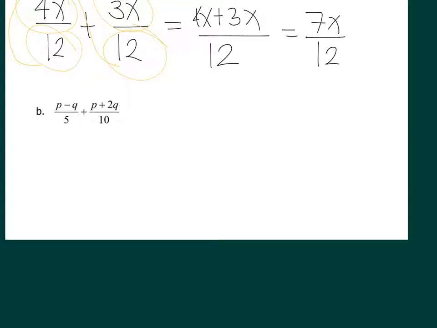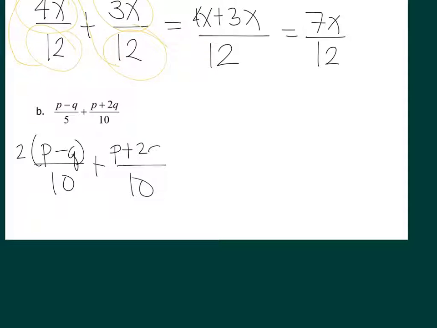In letter B, you have 5 and 10 as the denominators, so we choose 10 as the LCD. And then 10 divided by 5 is 2, so the p minus q will be multiplied by 2. 10 divided by 10 is 1, so the p plus 2q will remain as p plus 2q.